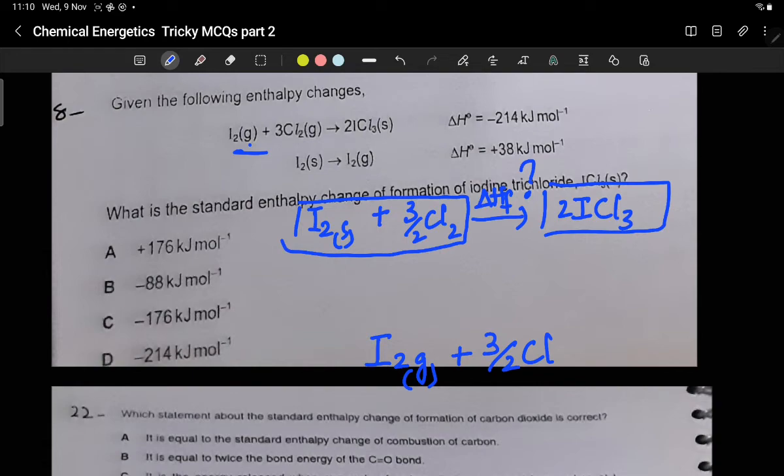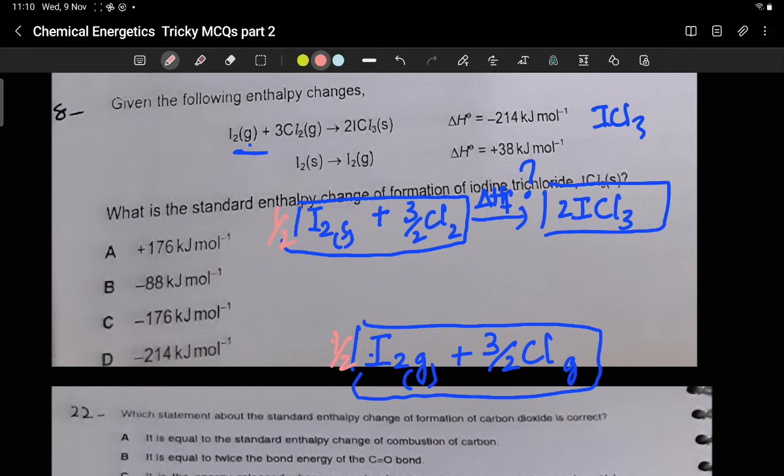So we need delta H of 1 mole of ICl3, but over here it is 2 moles of ICl3. This is gas, so gaseous atom. This is half, one mole of gaseous atom.